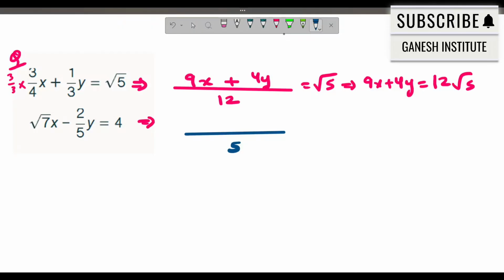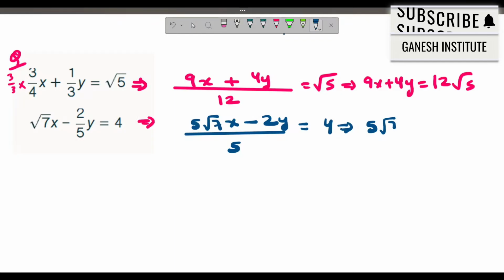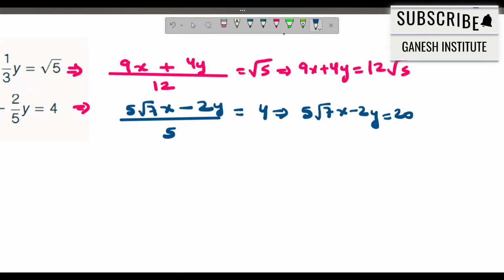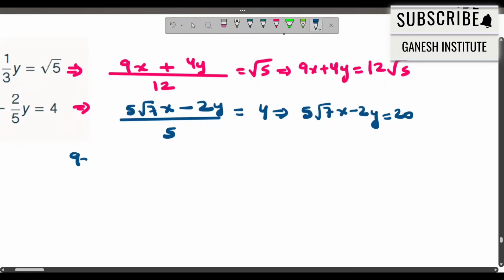So we'd have 5 root 7x, root 7 minus 2y is equal to 4. And then if we cross multiply the 5 and 4, which gives us 20, then you would do 5 root 7x minus 2y is equal to 20. Right, I'm rewriting. Eliminate.